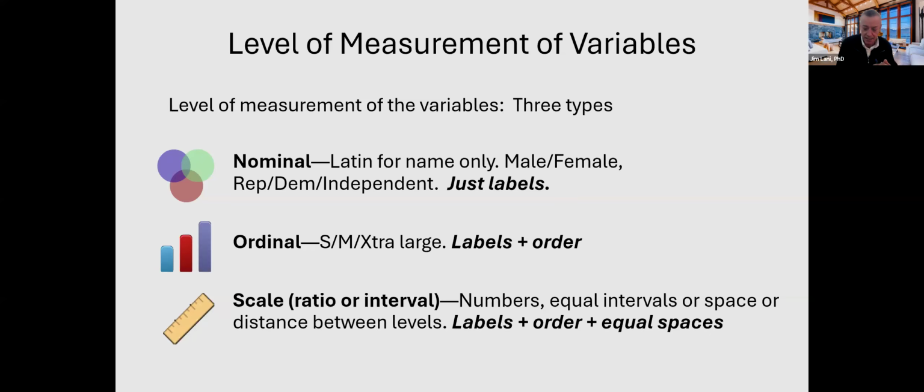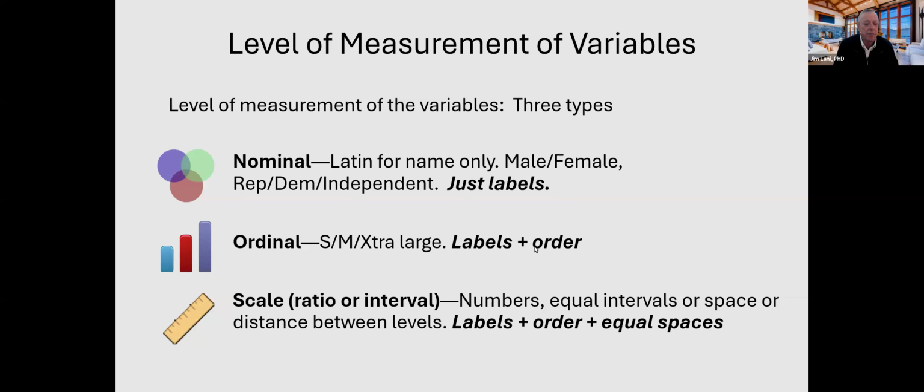Okay. It has order. And it has equal intervals or spaces between them. So 1 inch to 2 inch is the same distance, so to speak, as 2 inch to 3 inch, and so forth. Or in volumes, 1 ounce to 2 ounces is the same distance or volume as 5 ounces to 6 ounces. So there's equal spaces, so to speak.